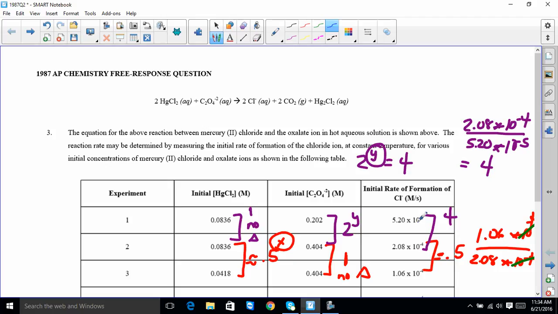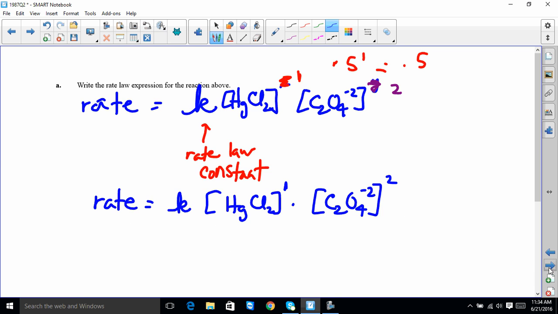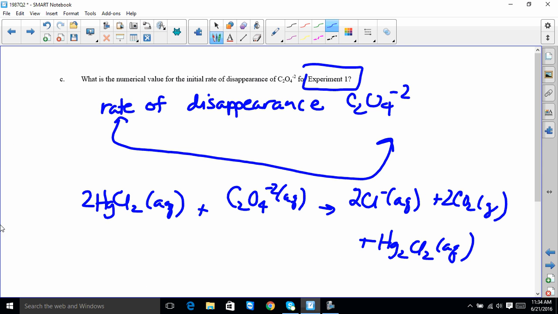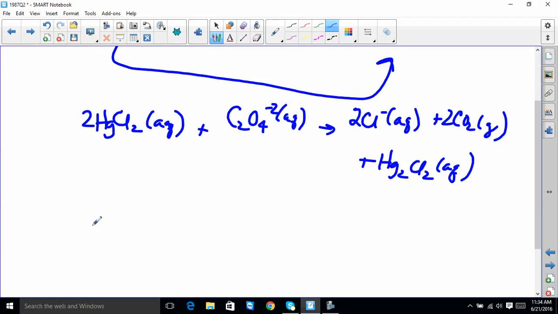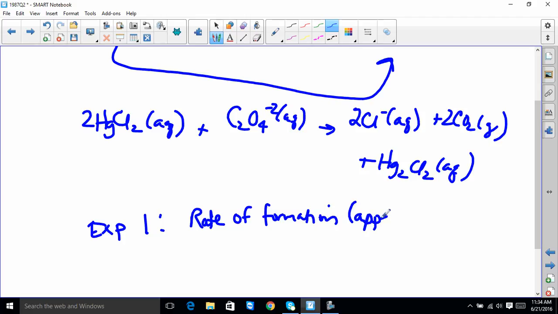So the rate of formation of Cl minus, and this is not a tough question once you get what it's asking, because it's all about stoich. So what they tell you is, in experiment 1, the rate of formation, or another way of saying that is appearance, not disappearance, because as the reaction proceeds, the reactants disappear and the products appear.